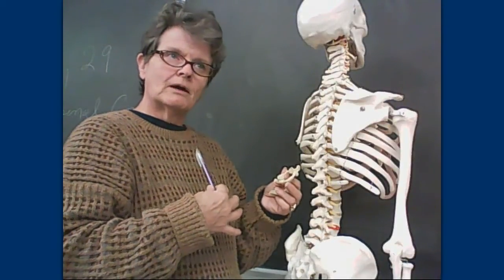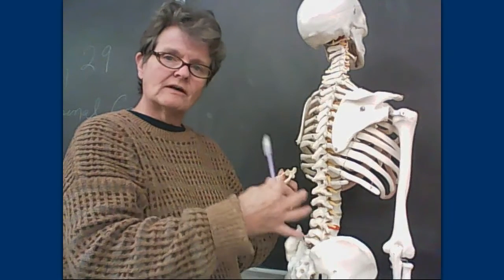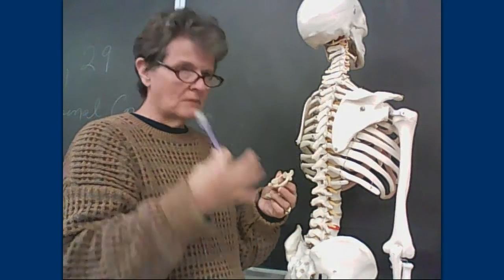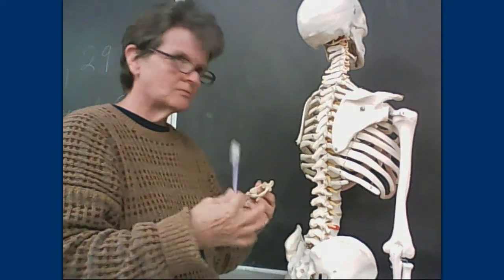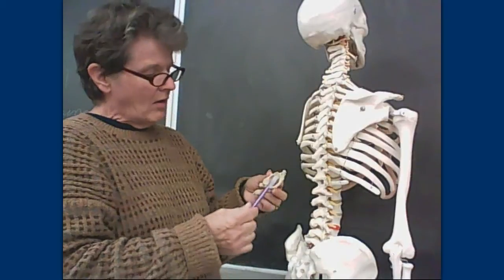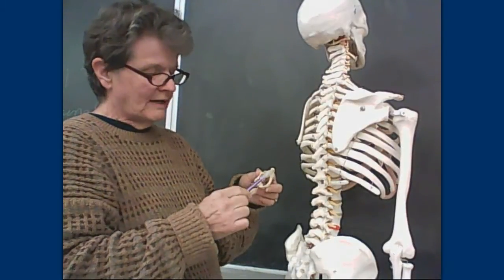A process is like an extension off of a part that comes off of the bone, usually for muscle, ligament, or tendon attachment. Now, on the cervical vertebrae, there is a hole in that transverse process, and that hole is called the transverse foramen.